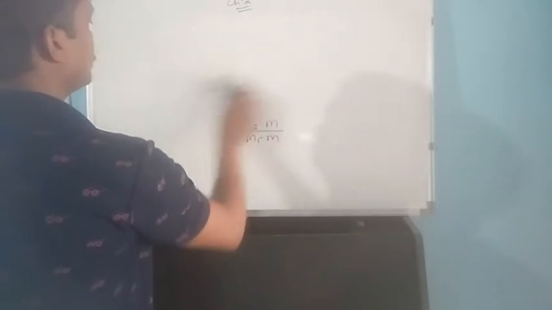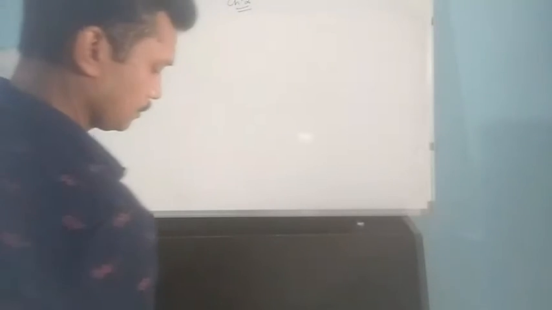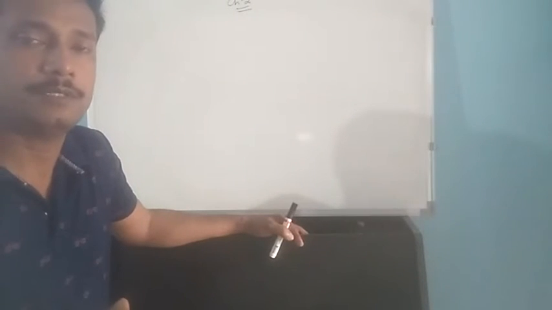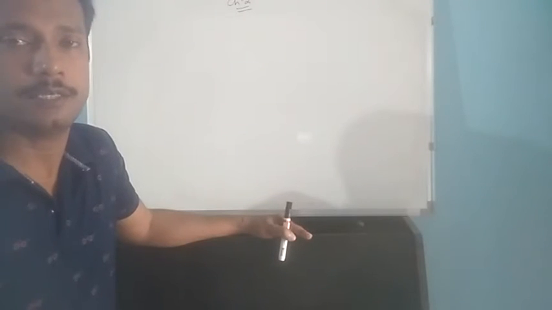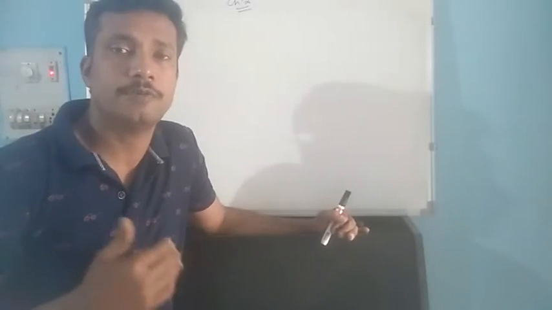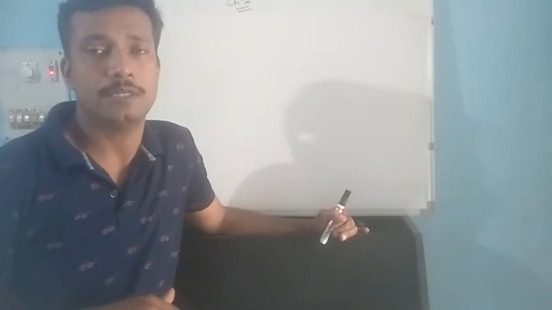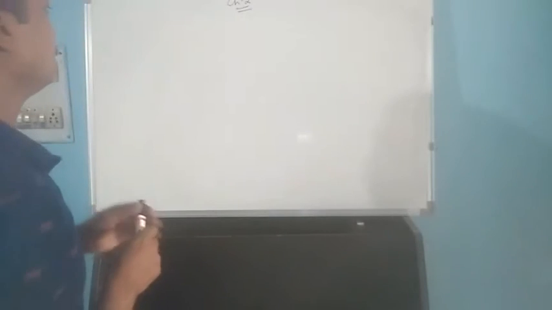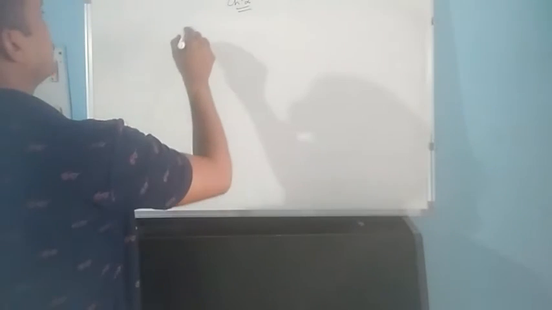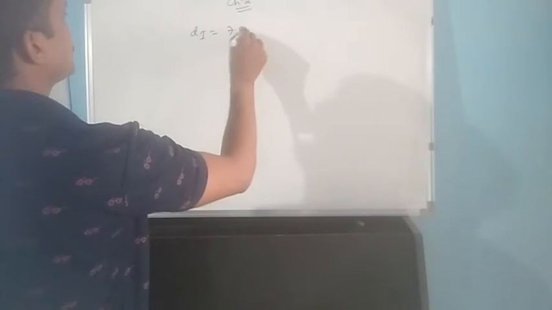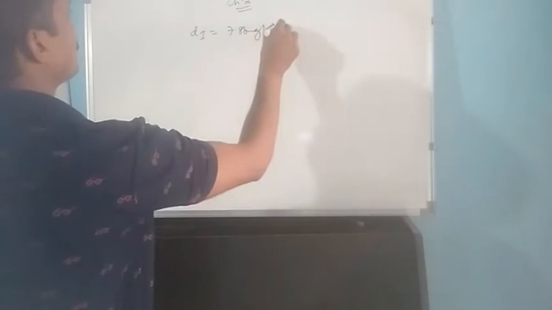Now we all know that if the density of a substance is more than the density of a liquid, then it will sink in that liquid. Whereas if the density of the substance is less than the density of the liquid, then it will float in the liquid. For example, the density of iron is 7.86 gram per centimeter cube.